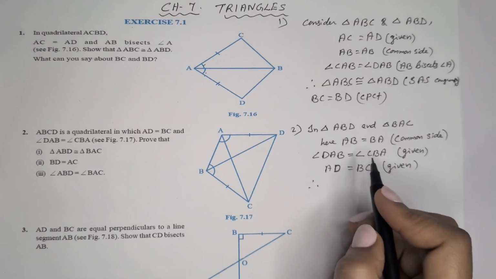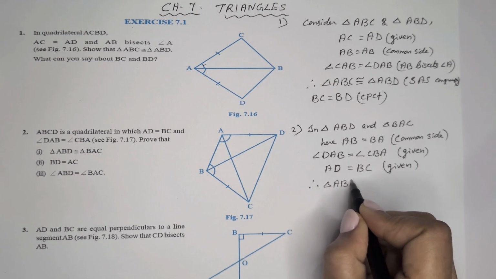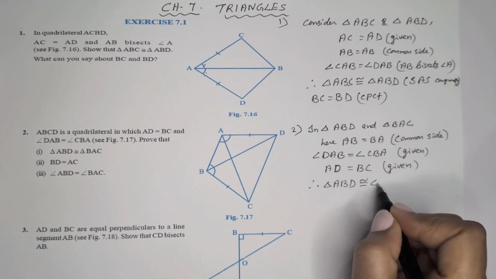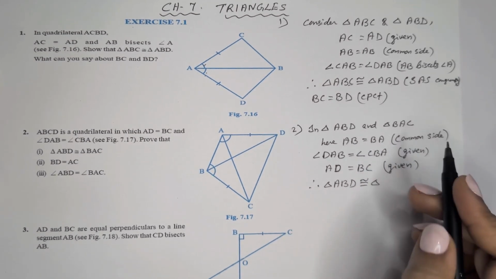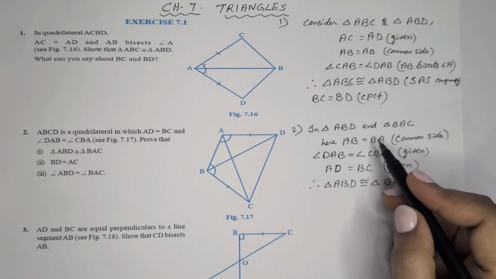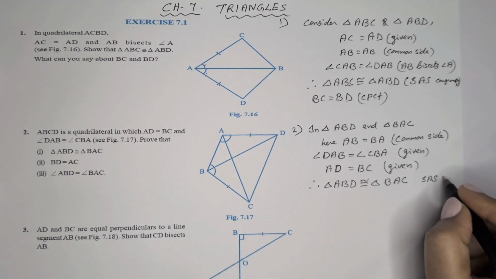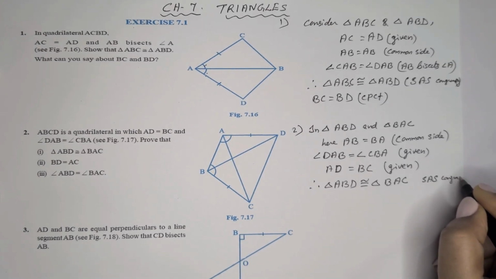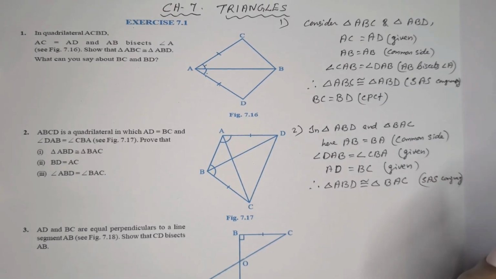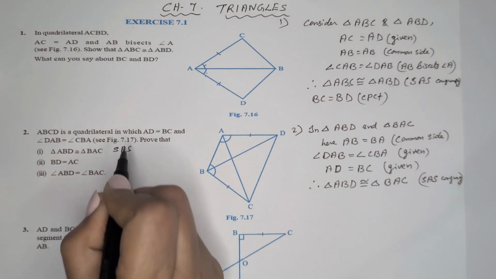So we can write, therefore, triangle ABD is congruent to triangle BAC by SAS congruency, two sides and one angle.